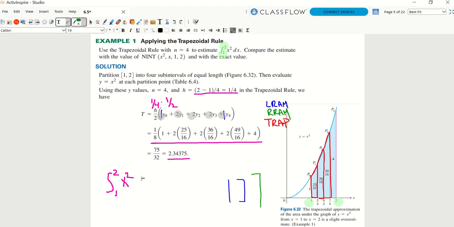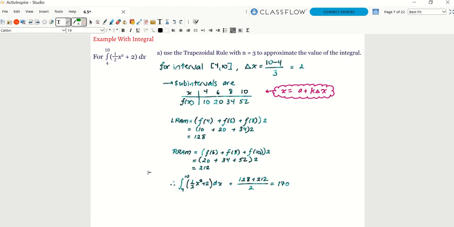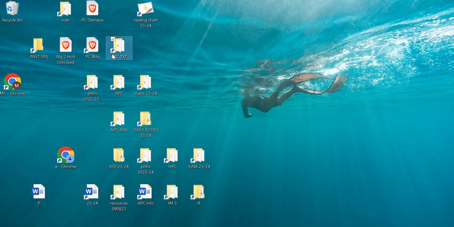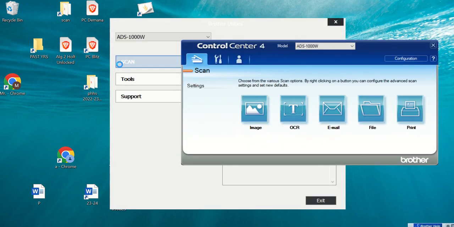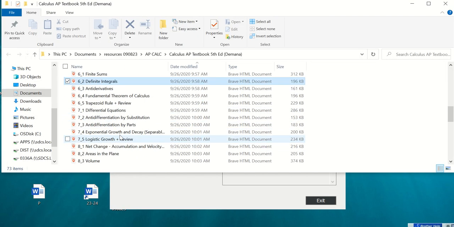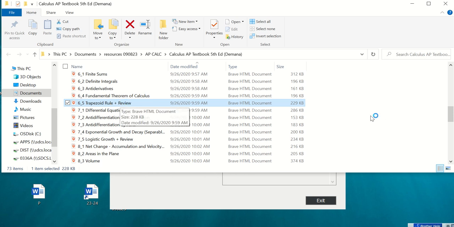Let me see if I can pull up... I think I can pull it up quickly over here. Let me pull up that example.